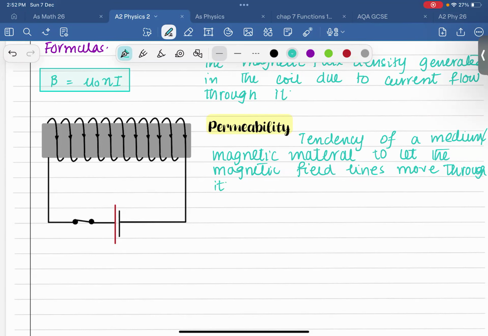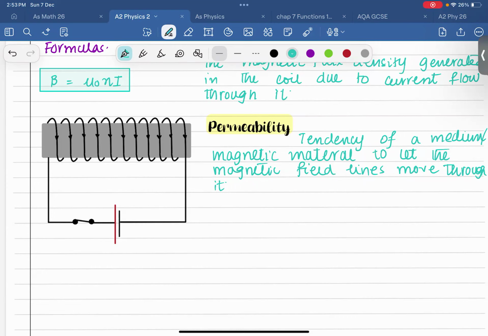And this is the concept of permeability, right? Wood is not a magnetic material, so it won't let any magnetic field lines pass through it. But iron on the other side is a magnetic material. So when a magnetic field is generated, iron will absorb the field lines and generate a strong magnetic field around the core.